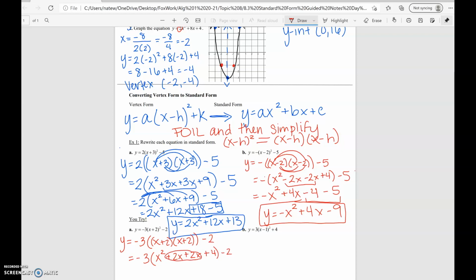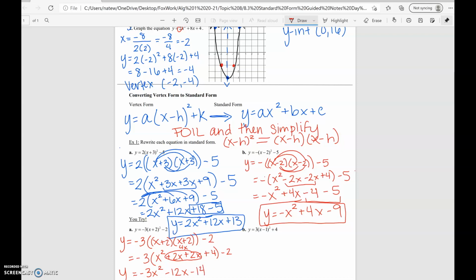Combine these to get 4x and then distribute. So now we're at -3x squared minus 12x minus 12 minus 2. And then combine these, so it actually makes our final answer -14 there.